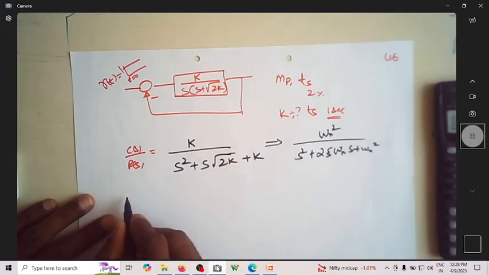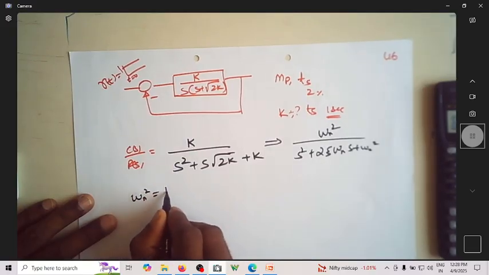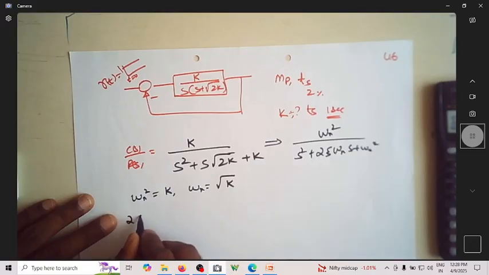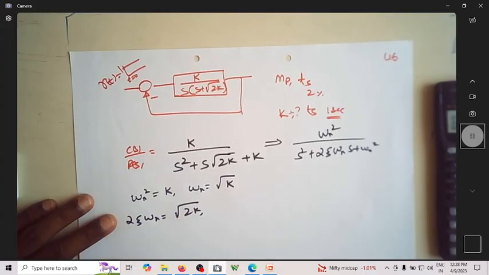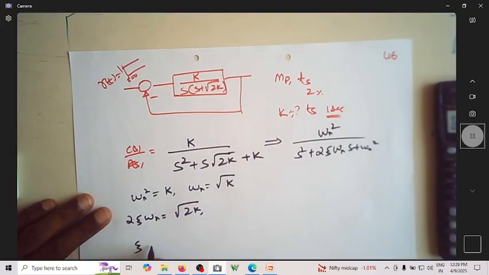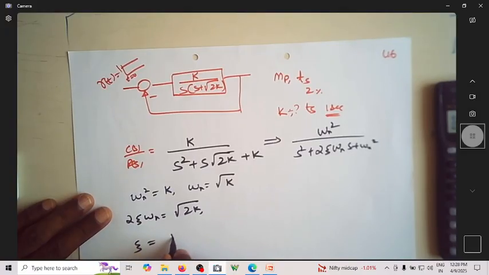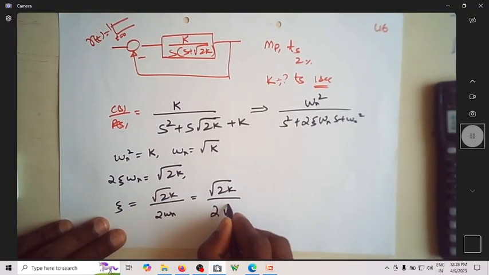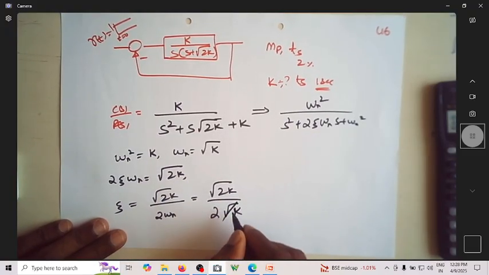So now equating the coefficients, s power 0, you have ωn² equal to K, so that ωn becomes root of K, and 2ζωn is equal to root of 2K. What is asked to find? You are asked to find Mp and so on, for which you should know the value of ζ. So can I write ζ is equal to root of 2K by 2 into ωn? ωn is root of K, so this K and this K will go off.